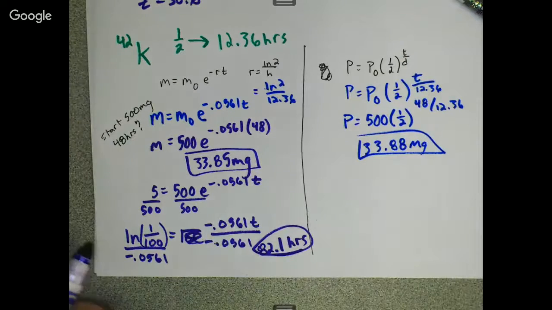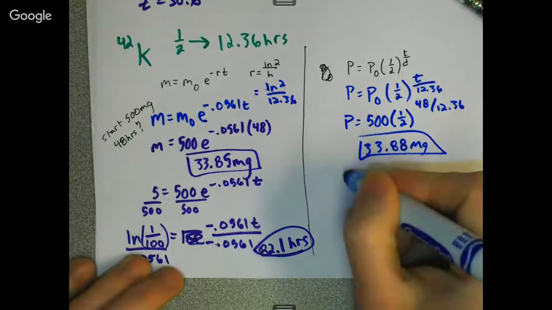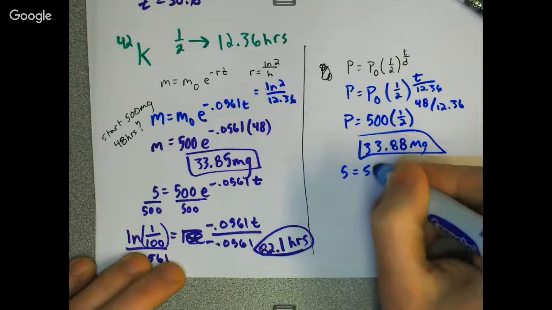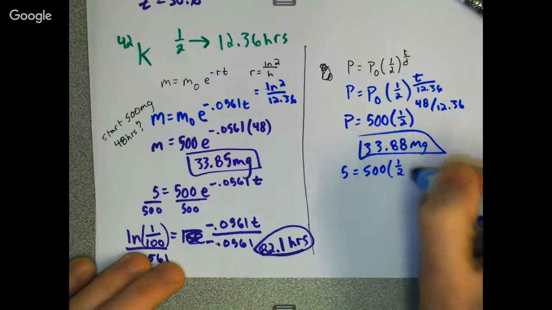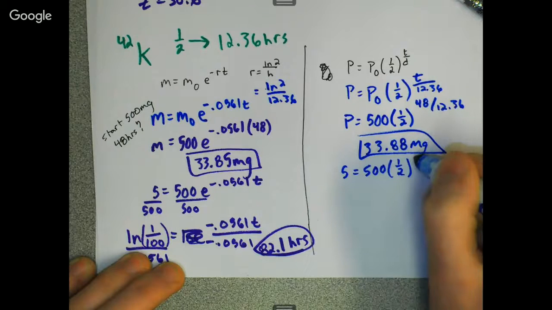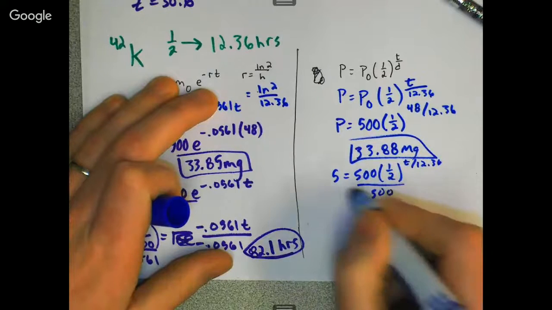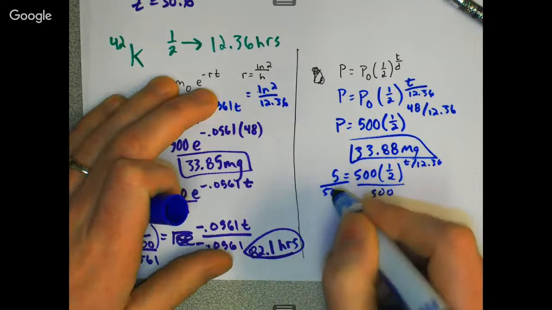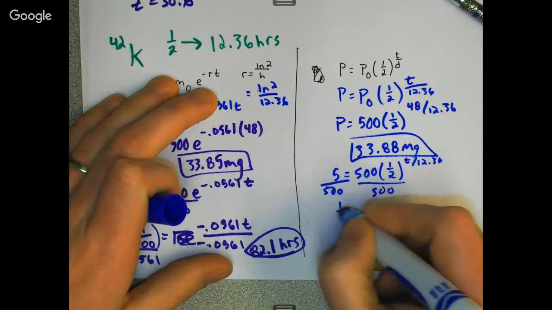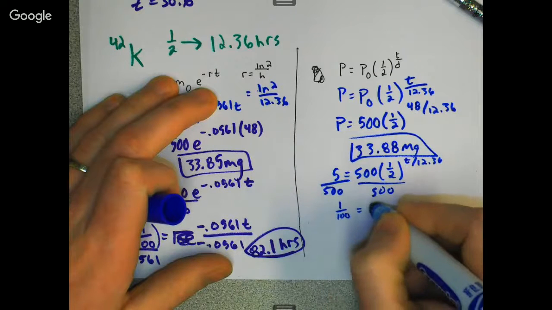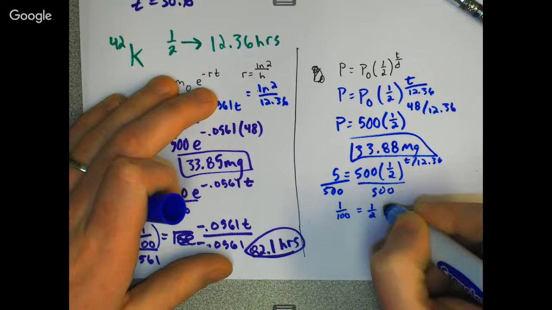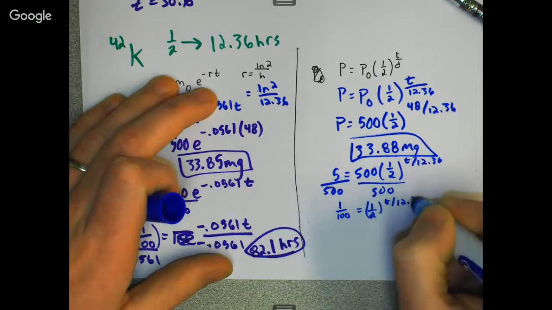And if I do the other one here, we'll end at 5 again. We'll start with 500 times 1/2 to the t over 12.36. So again, divide by 500. Okay, so I'll get 1 over 100 equals 1/2 to the t over 12.36.